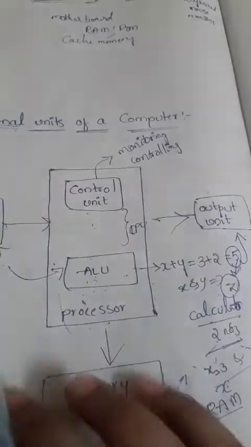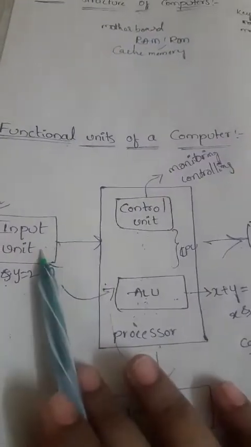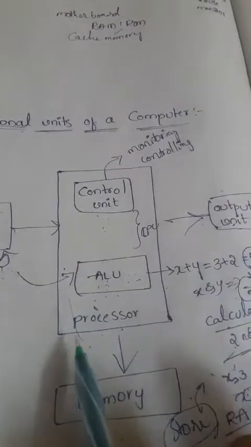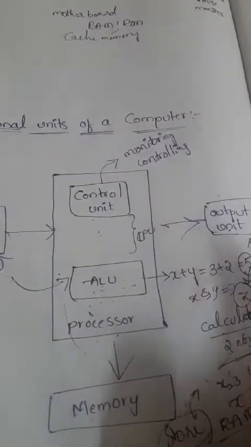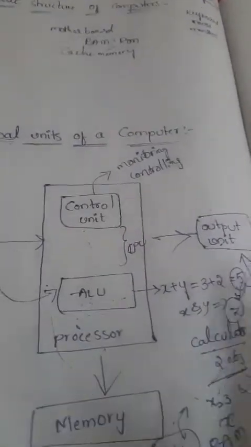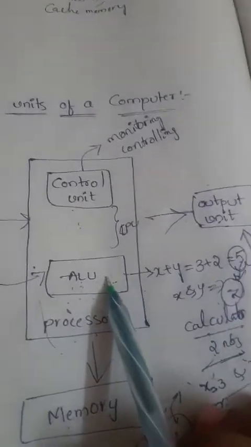The input data is given directly to the ALU, which performs the calculations, whatever operation is needed, addition, subtraction, multiplication or division. All the operations can be performed by this ALU.